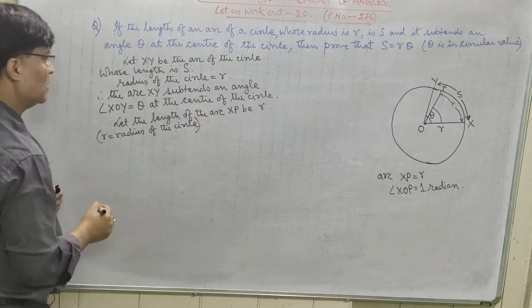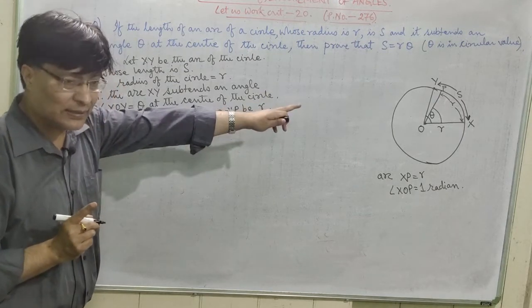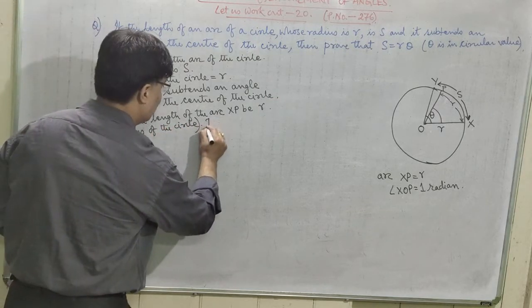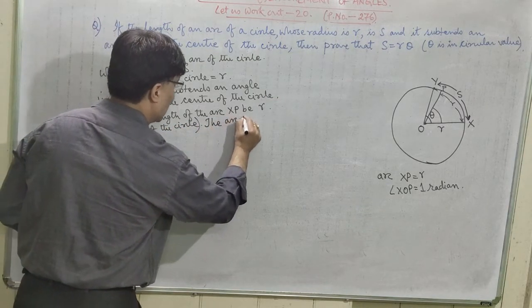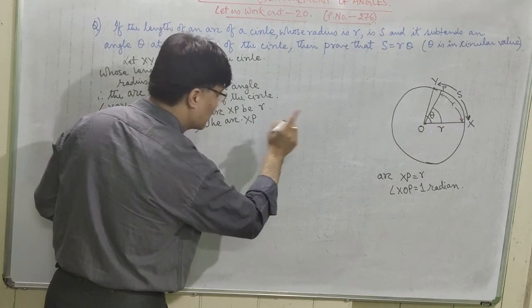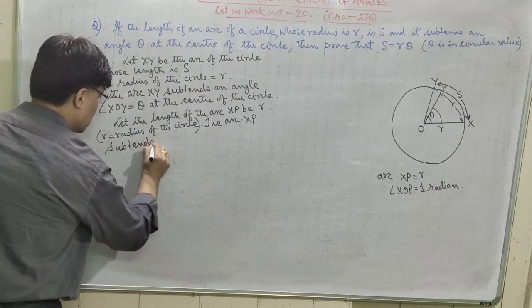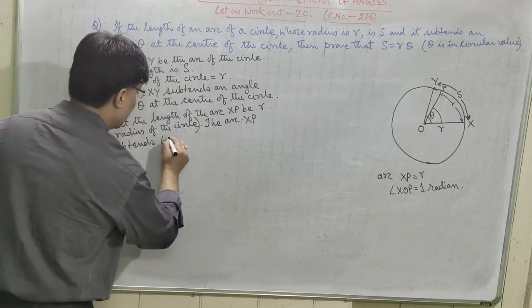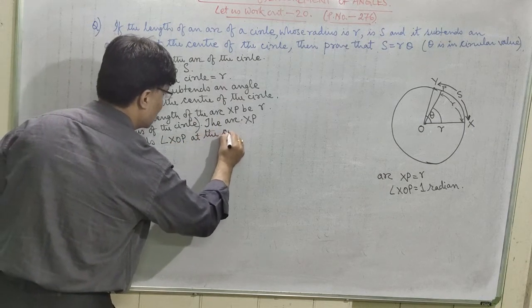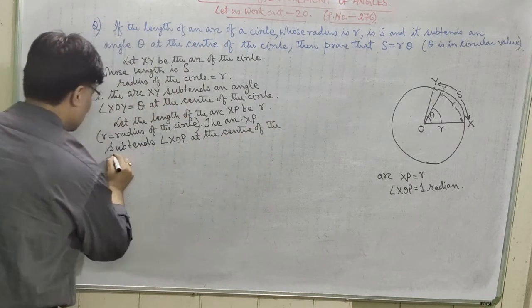The arc XP, whose length is equal to the radius of the circle, subtends angle XOP at the center of the circle.